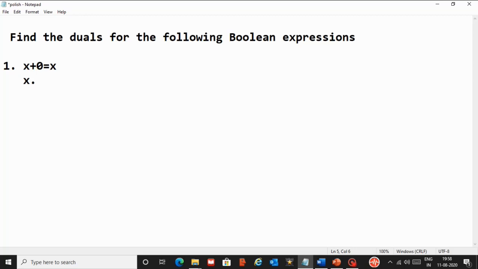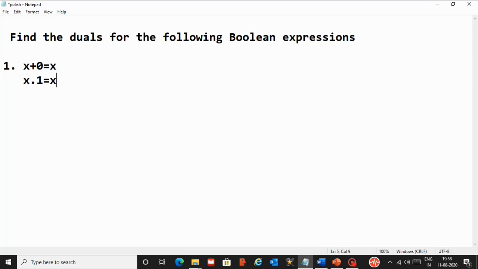And then, 0 to 1 I need to change. So 0 is here, I will change it to 1 is equal to x, because x remains as it is, and equal to also remains as it is. So the dual of x plus 0 is equal to x is x dot 1 is equal to x.